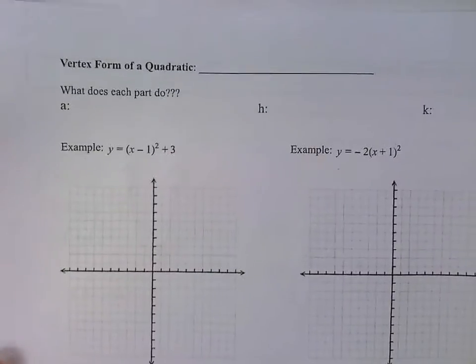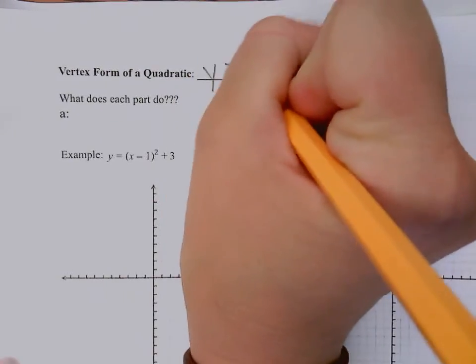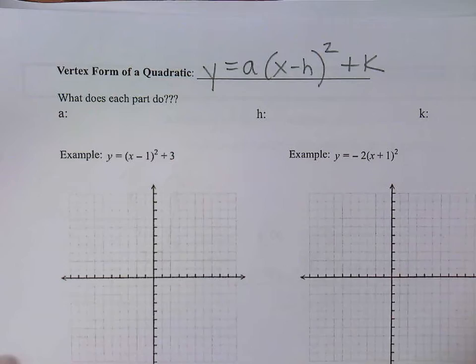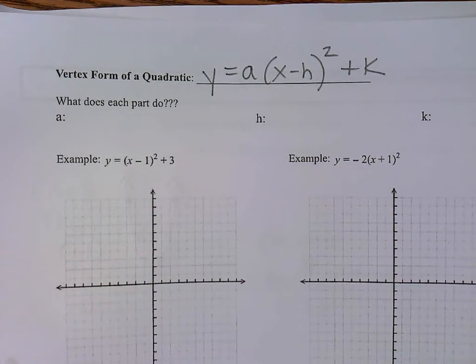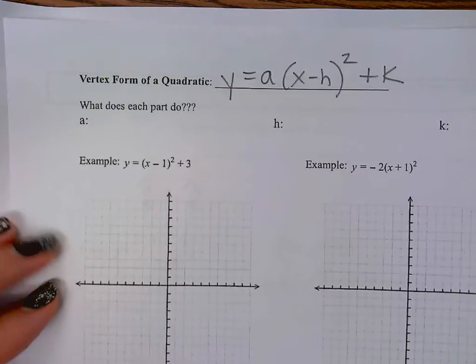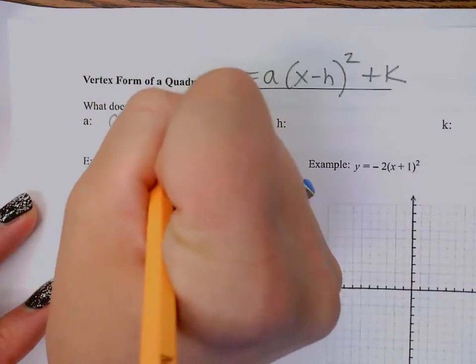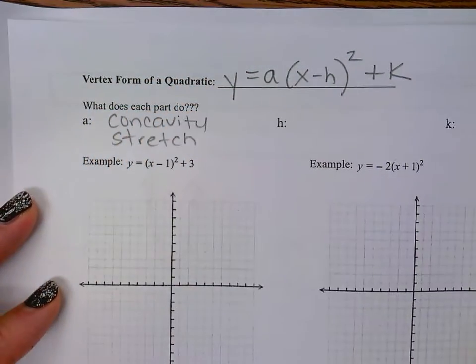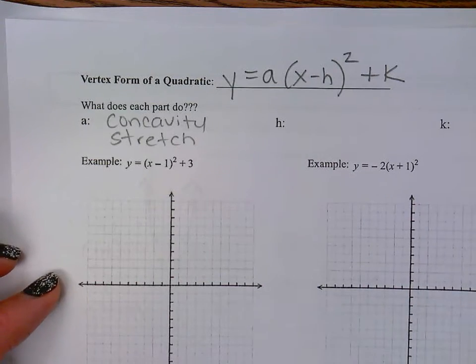But vertex form, y equals a times x minus h squared plus k, which looks horrible. You're not going to have to remember a, h, and k, just what they do. So A, again, is your concavity and your stretch. Just like the A in standard form, they keep the variable the same to help you.